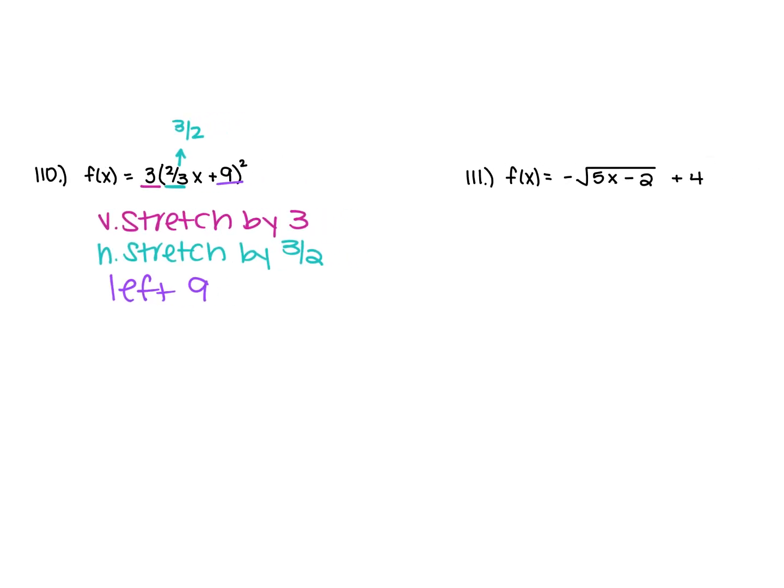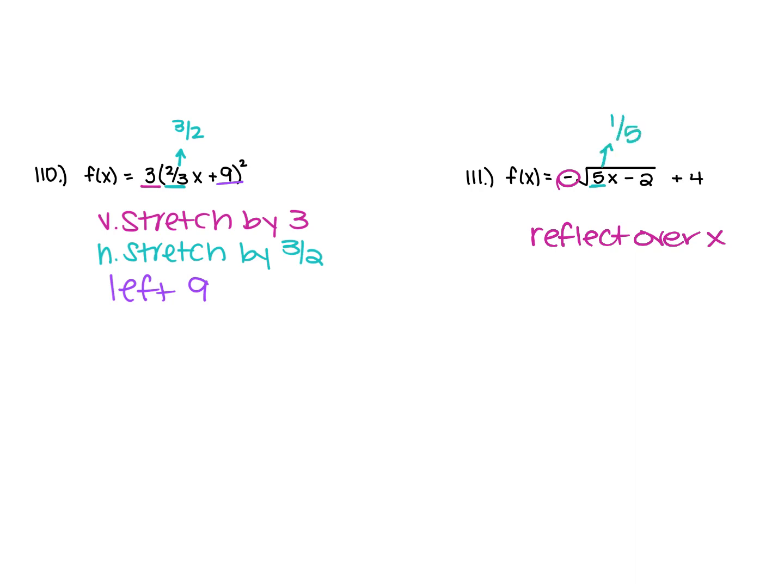And the last one, f of x is equal to the opposite of the square root of (5x minus 2), plus 4. The negative in front reflects across your x-axis. The 5 is going to turn into 1/5 because you take the reciprocal of it.